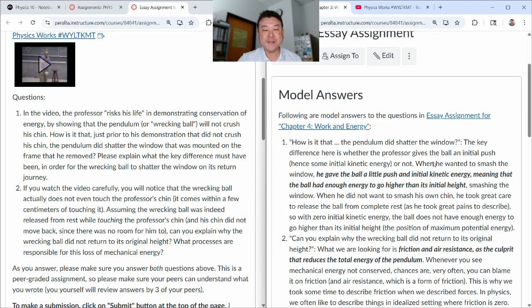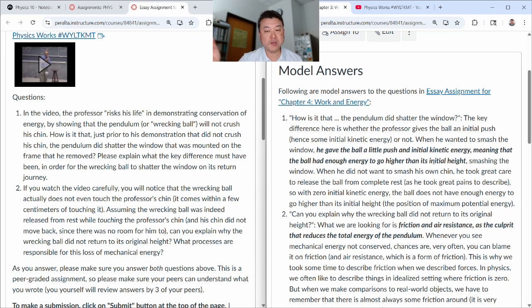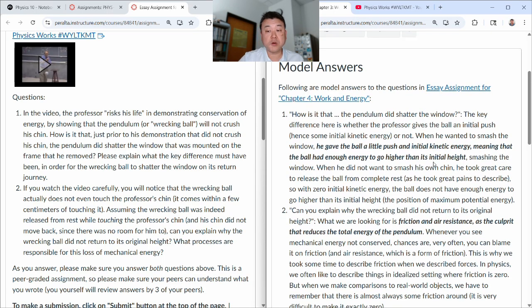Number 1, how is it that the pendulum didn't shatter the window? The key difference here is whether the professor gives the ball an initial push, hence some initial kinetic energy, or not. When he wanted to smash the window, he gave the ball a little push and initial kinetic energy, meaning that the ball had enough energy to go higher than its initial height, smashing the window.